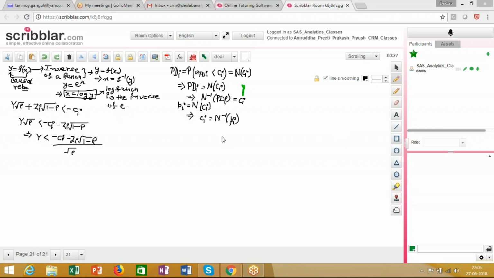Yes, I'm trying to calculate the dependent variable value, but why this transformation? This transformation is there because I am pulling down everything to one single risk factor. So what I've done over here is I'm pulling down everything into a single risk factor.